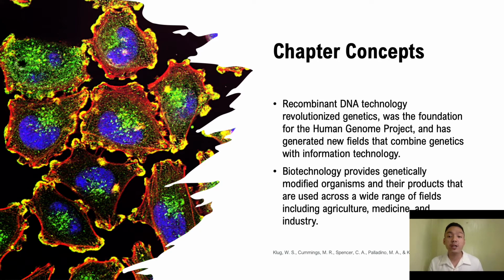This Human Genome Project has generated new fields combining genetics with information technology. Next would be biotechnology. It provides genetically modified organisms, or GMOs, and their products that are used across a wide range of fields, including agriculture, medicine, and industry.